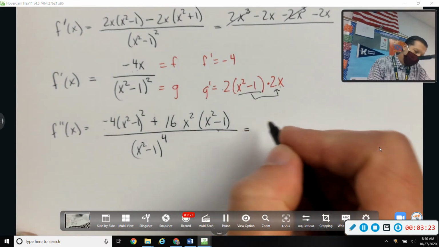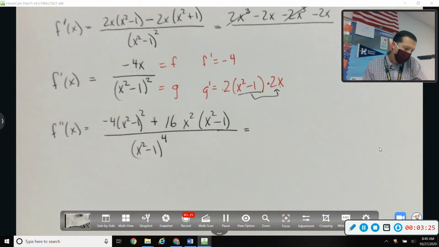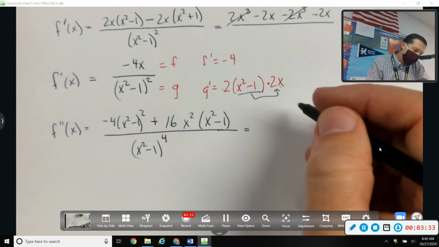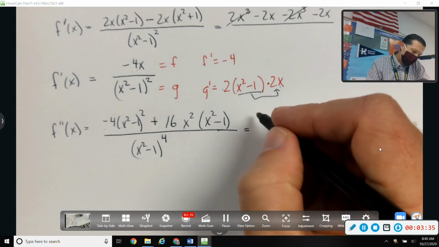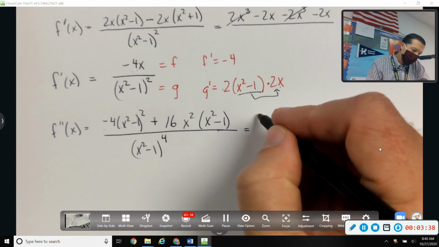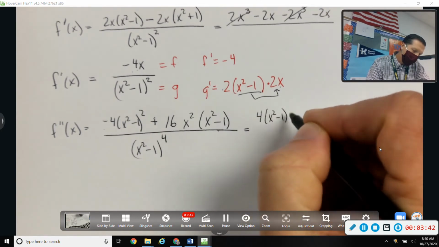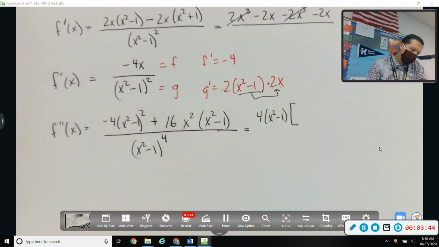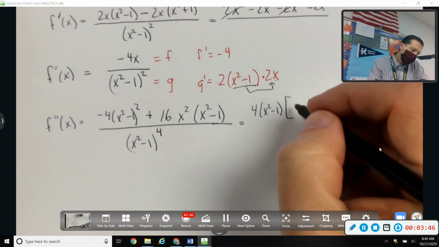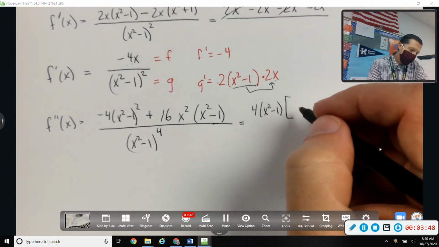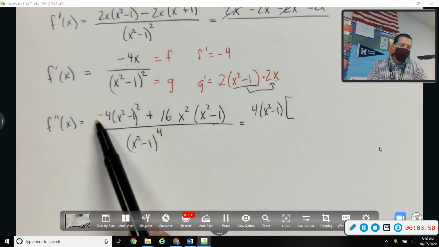So cleaning up the top. I think I'm going to factor out a 4 for sure, and the x squared minus 1. So that would leave, I'm trying to decide if I want to take out the negative or not.